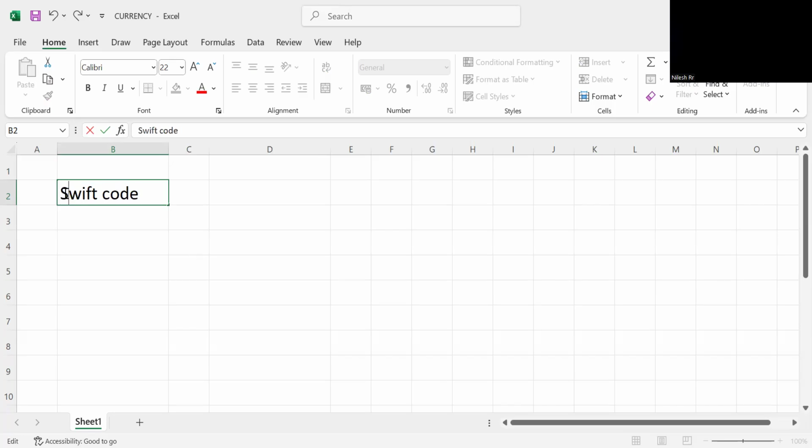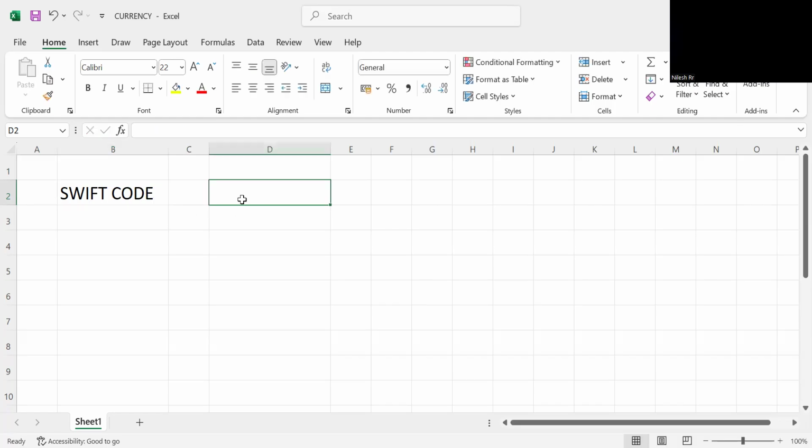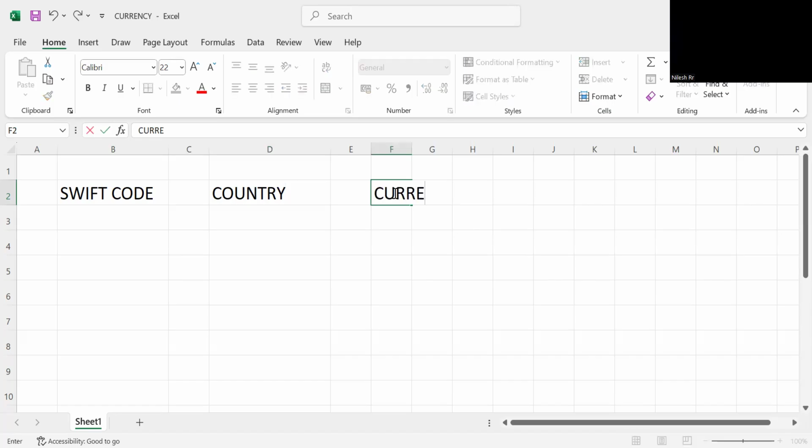For every country, there is a Swift code. The Swift code will be three letters, and the first two letters will mention the name of the country and the last third letter will be for the name of the currency.